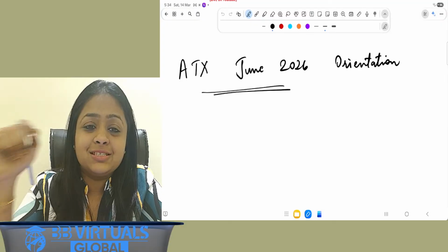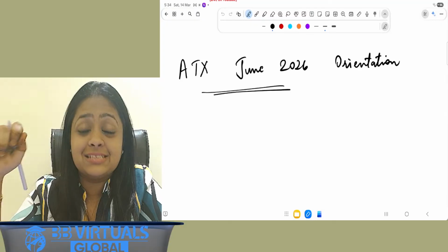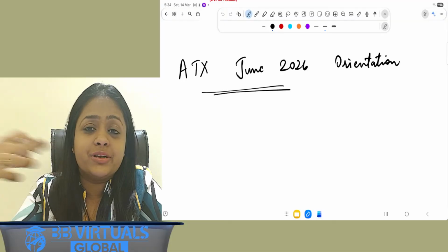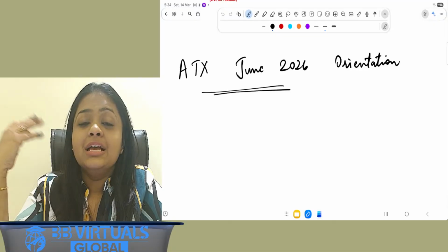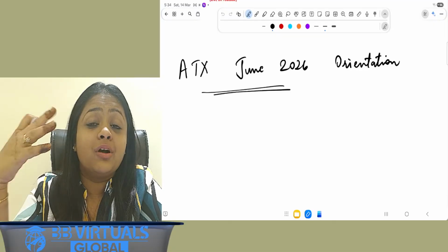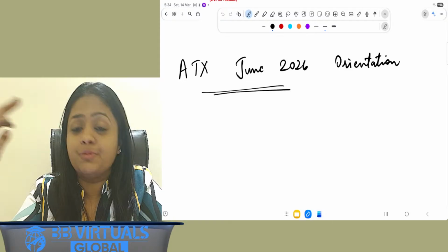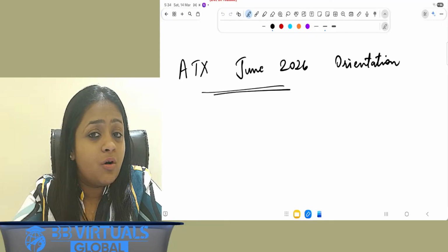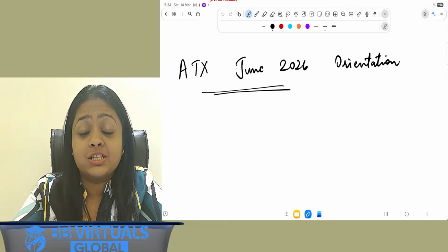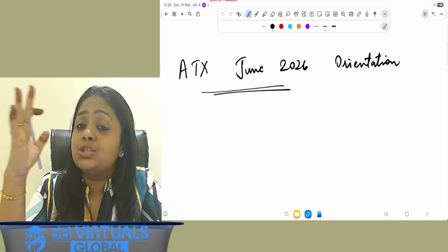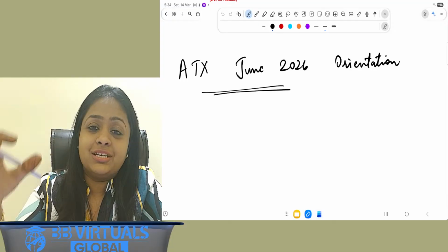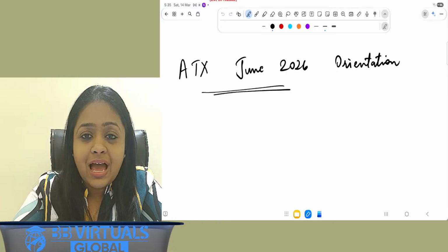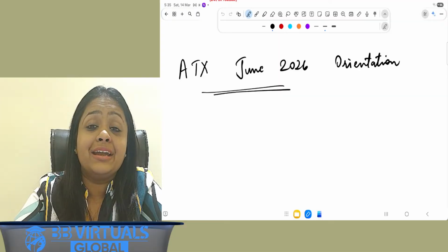One of the reasons you would choose Advanced Tax as an optional paper is that it gives you an entirely different career stream option. Along with accounting and auditing subjects, which help you practice as an accountant or auditor, choosing ATX at the strategic level also gives you taxation as an added career option.